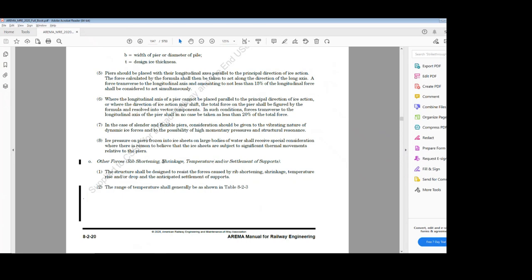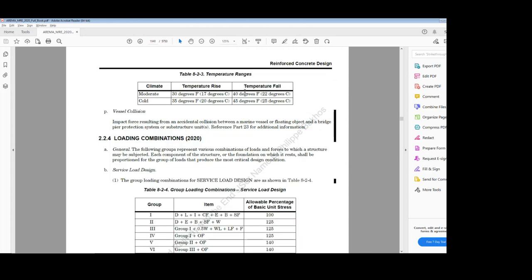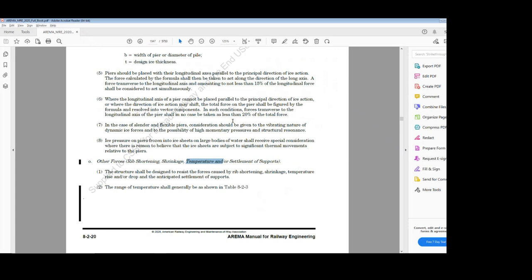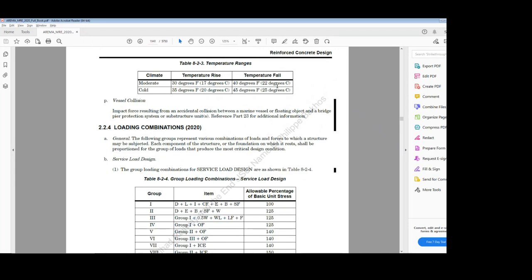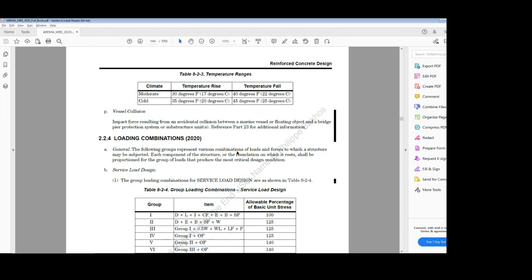For all types of structure, you have to consider shrinkage and temperature. For temperature, look here, the temperature force, we have to consider it. The value of temperature is given here, but this is for the US. For Tanzania, we have to follow the DBR.